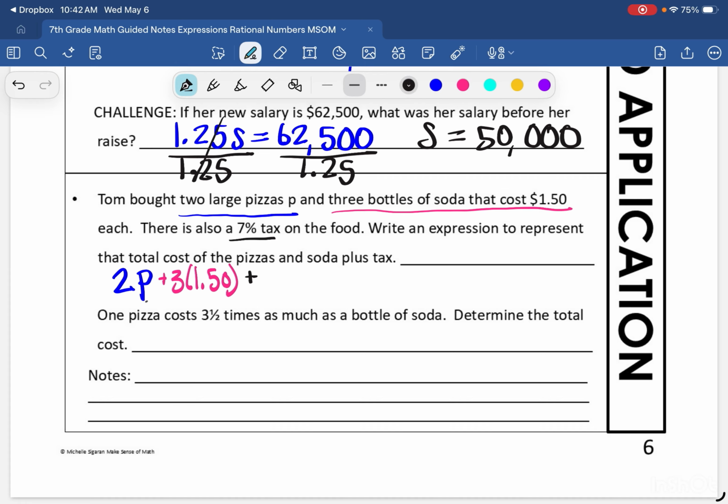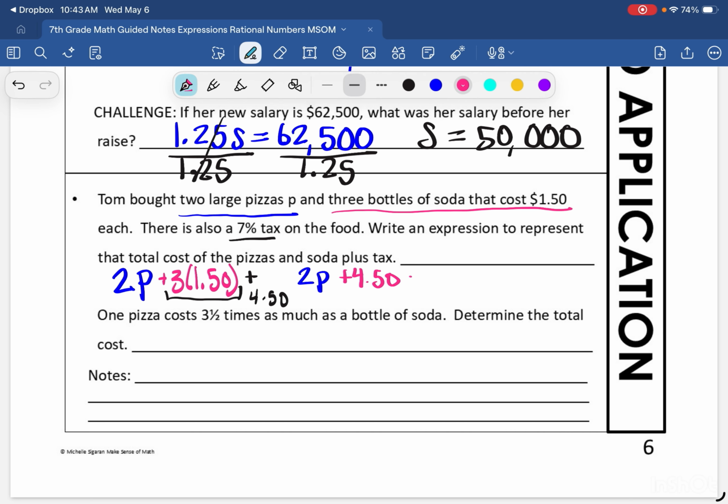Let's simplify this first. So 3 times $1.50 is going to give me $4.50. So just the cost of the food is going to be 2P plus $4.50.